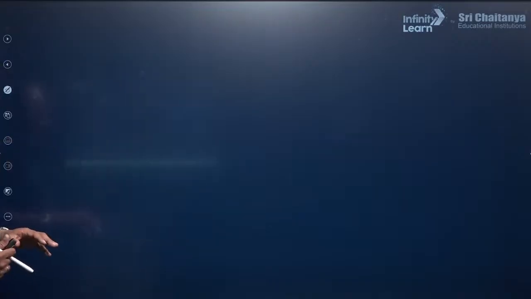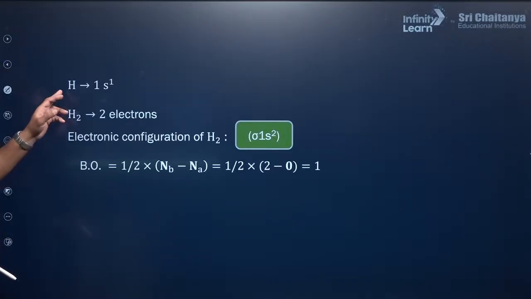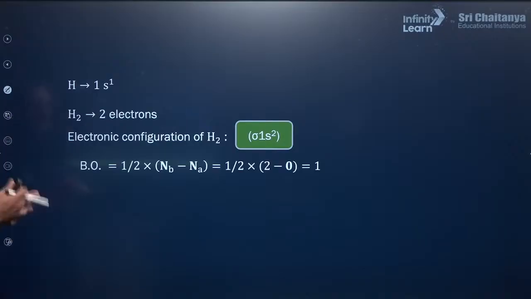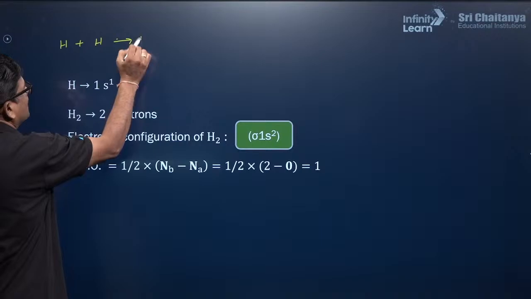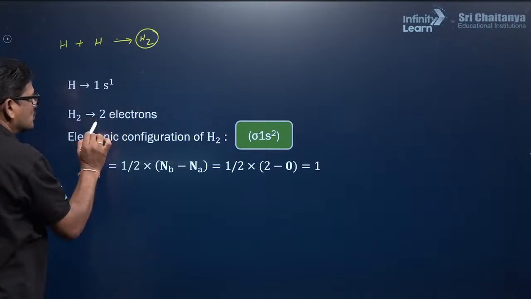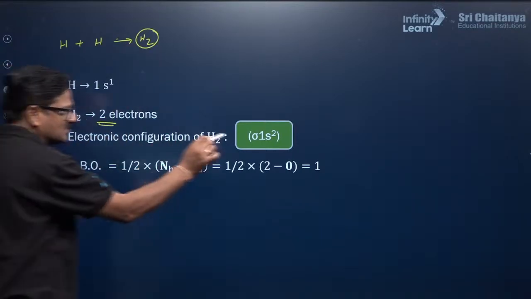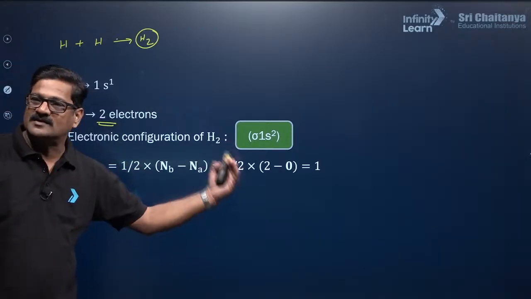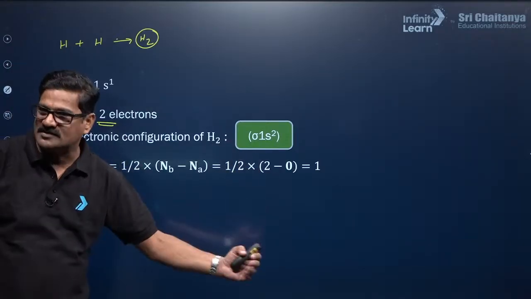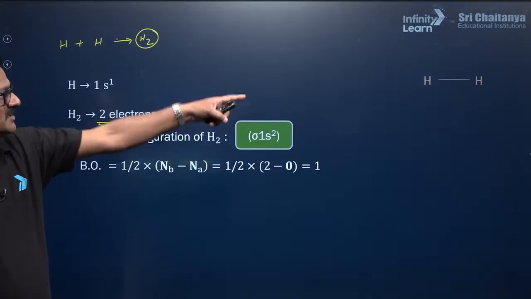Hydrogen is 1s1. How is H2 formed? Hydrogen atoms combine to give the H2 molecule. H2 has 2 electrons, written as sigma 1s2. So its bond order is 2 minus 0 by 2, equal to 1. A single bond exists between 2 hydrogen atoms like this.